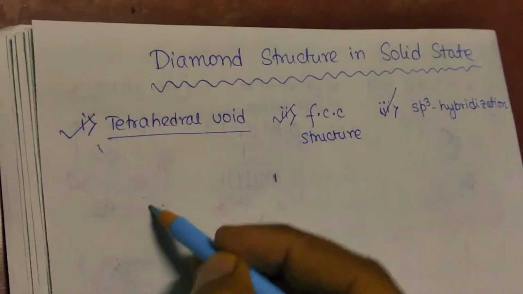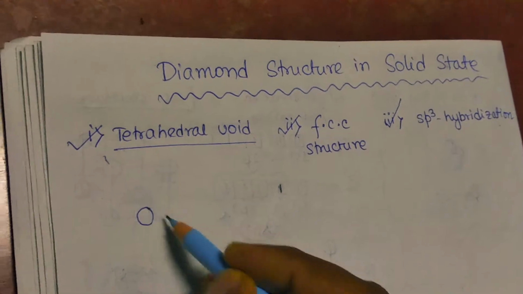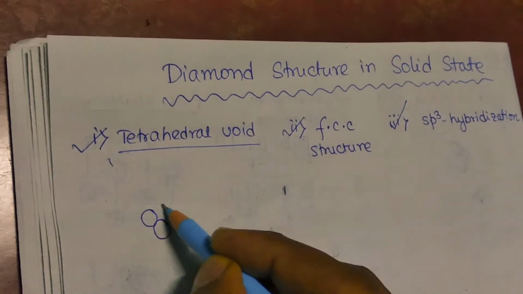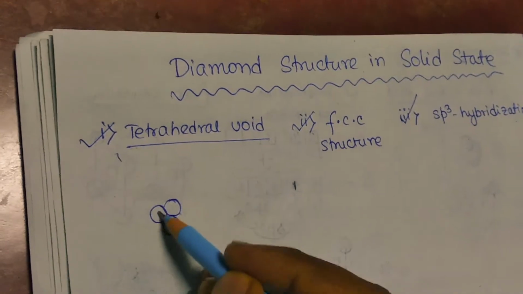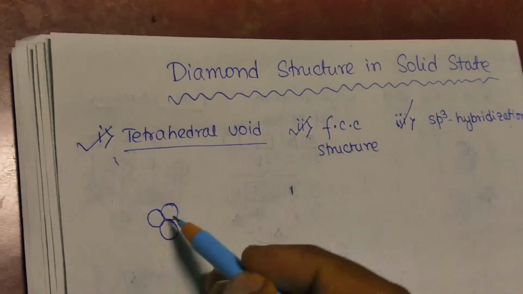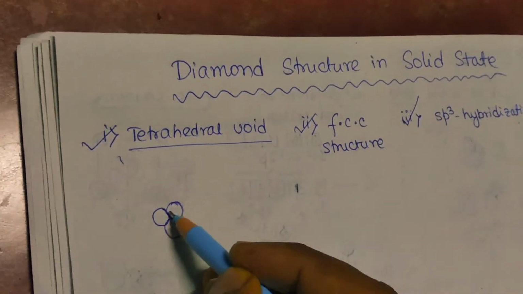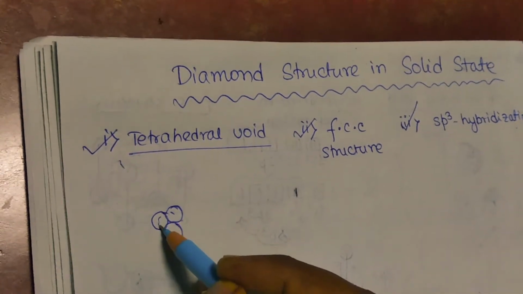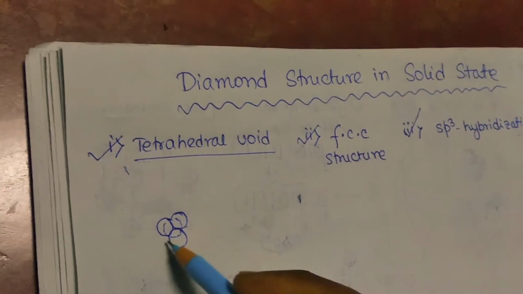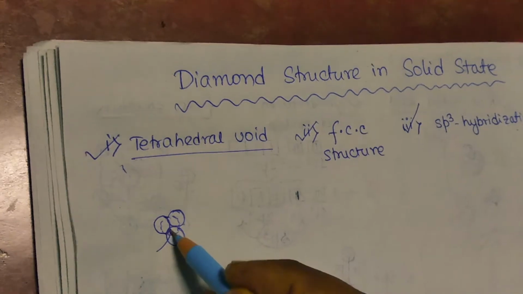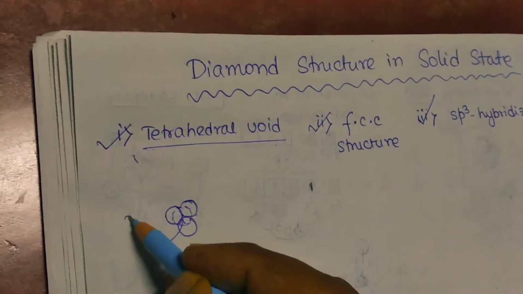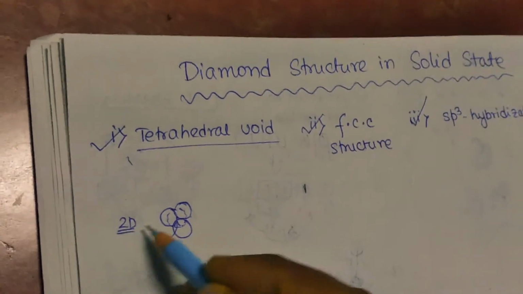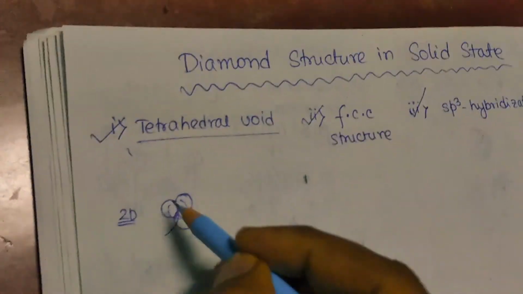If we place any three atoms like this, and on the upper side we place another atom like this, you can all see that there is a void space in between. Here I am explaining it in 2D.